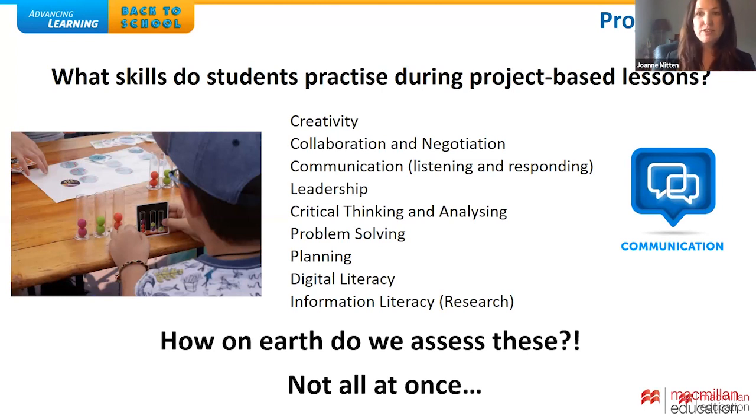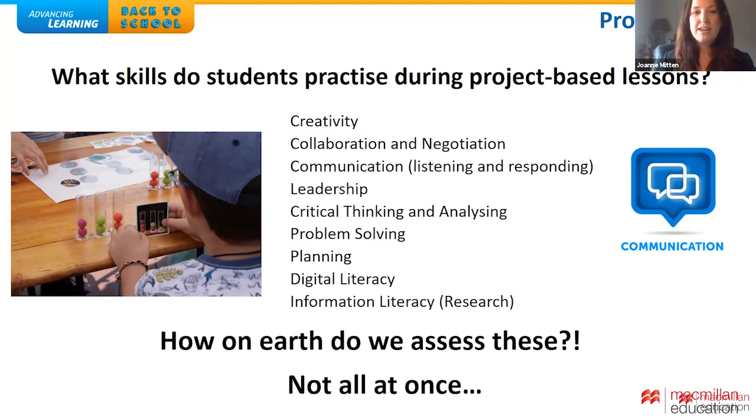Because the students, if they're not used to project work and being assessed in this way, probably won't be able to demonstrate everything all in one project. The other thing you can do when your students are really used to this type of lesson and used to being assessed in this way, possibly near the end of the academic year, you can allocate certain skills that will be assessed in certain groups.